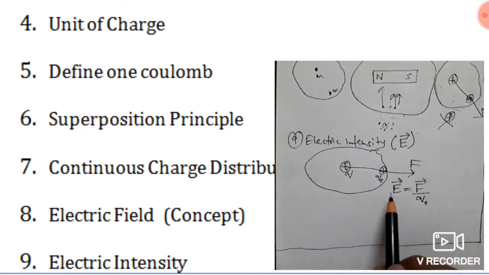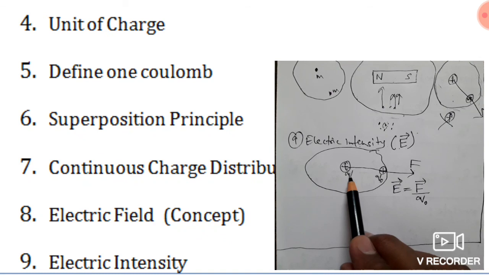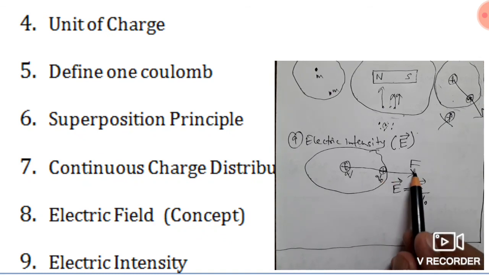So electric intensity at a point due to any charge is defined as the force experienced per unit charge. This is the definition of electric intensity and this is the expression of electric intensity.